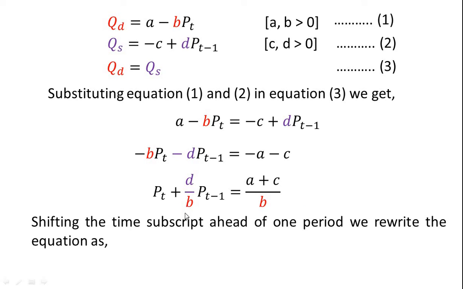Shifting the time subscript ahead by one period, we rewrite the equation as Pt plus 1 plus d by b into Pt equal to a plus c by b. So this is equation number 4.